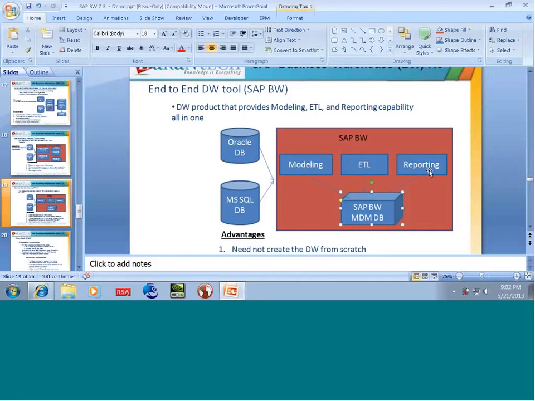The reason behind it is that once Business Objects was acquired, we brought in the entire reporting suite that BO was providing, and that became a proprietary tool of SAP BW.